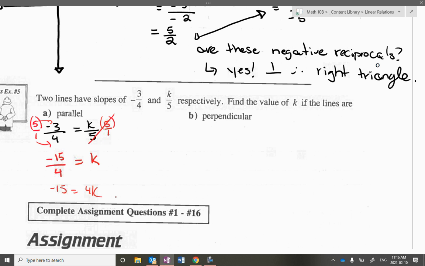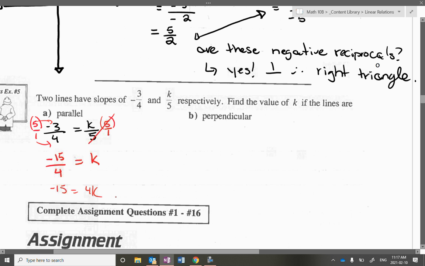Okay, perpendicular is a little bit trickier. For it to be perpendicular, they have to be negative reciprocals of each other. Correct? So what that means is, what would a slope that's a negative reciprocal of -3/4 be equal to?